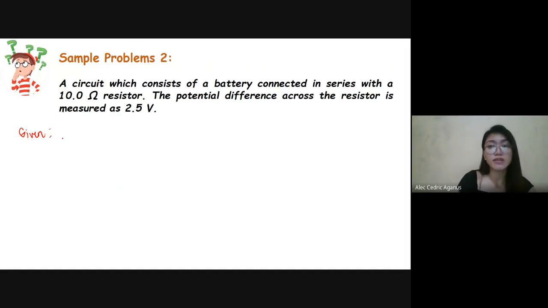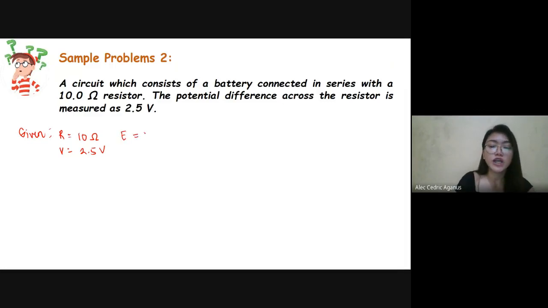So we have R is equal to 10 ohms, and the potential difference, or V, is equal to 2.5 volts. And we are looking for the value of the electromotive force.